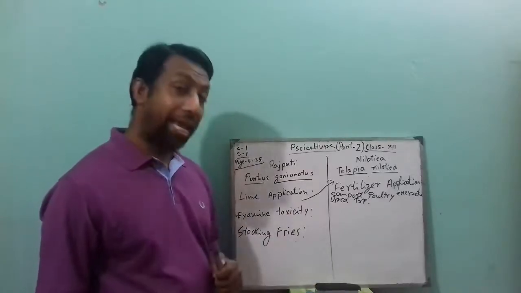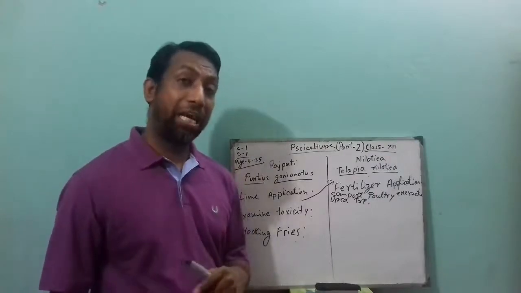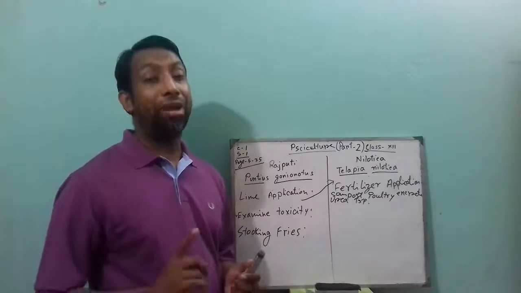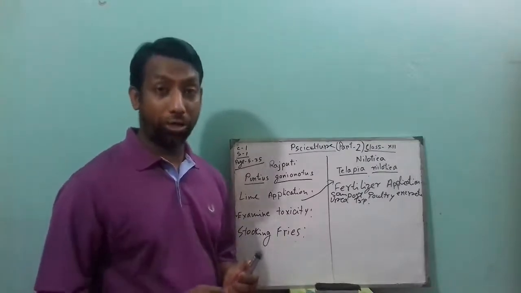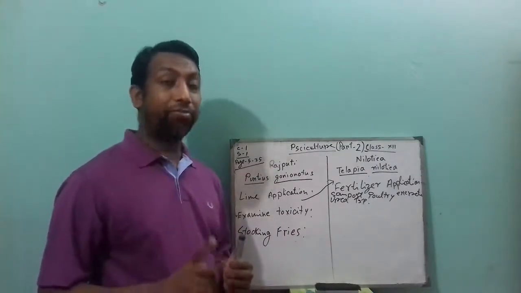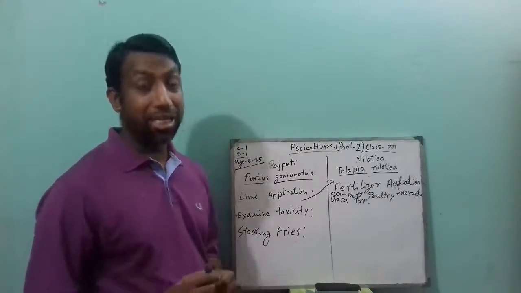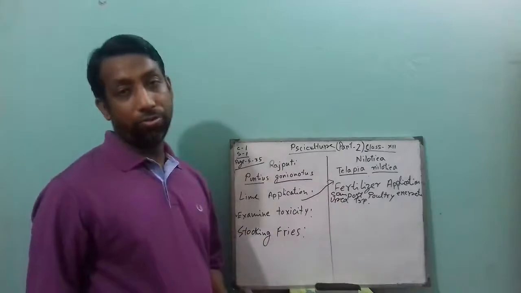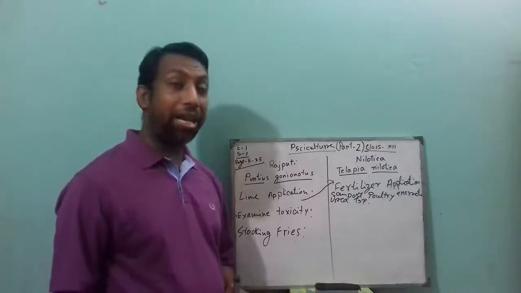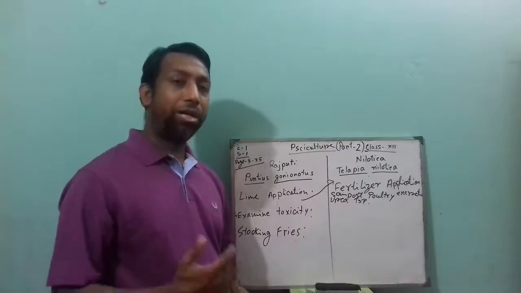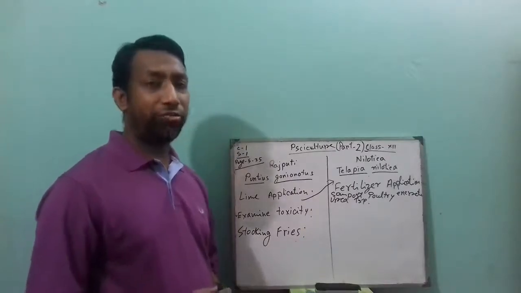And again you have to apply fertilizer after stocking the fries or releasing the fries in the pond. When you release the fries in the pond, 1 or 2 weeks later, you have to apply fertilizer if there is a lack of natural feed. How can you understand there is a lack of natural feed?